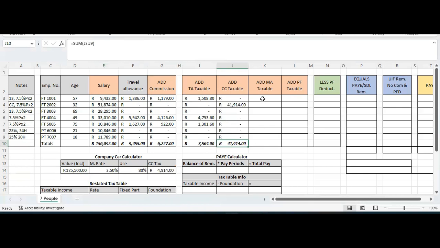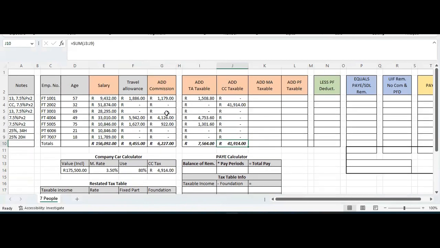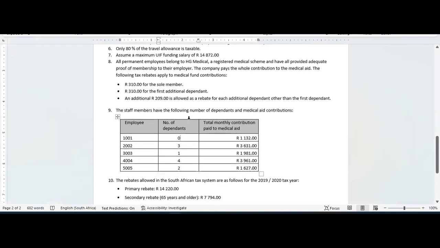Now, what about the medical aid? Because how do we know which part of the medical aid is taxable? Well, we do know, because medical aid that the company pays is 100% taxable. And if we go back to our question paper, you will see that here they gave us the amount.